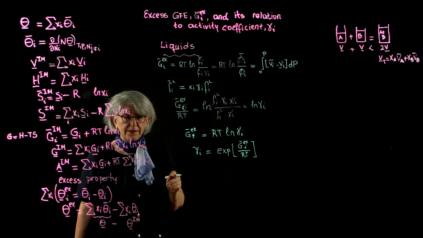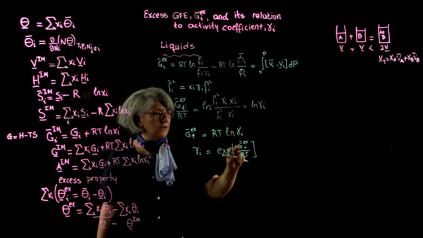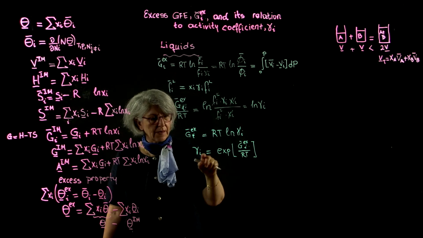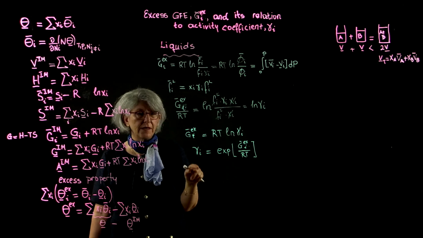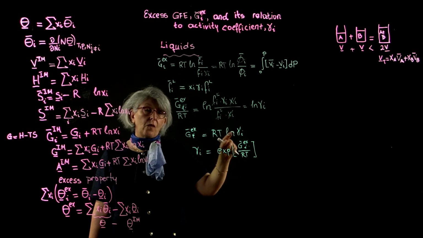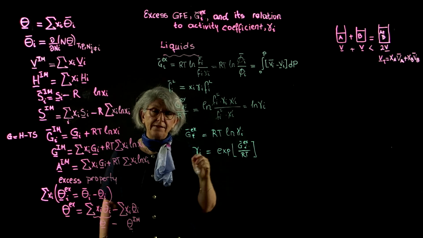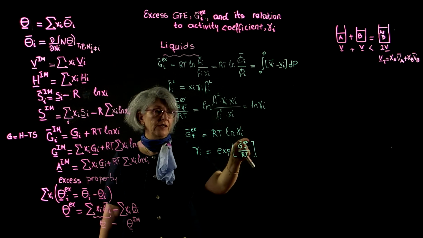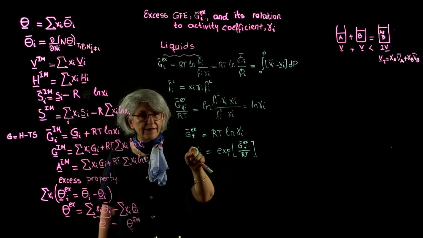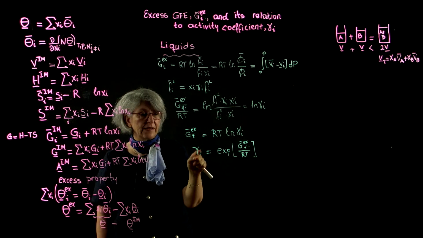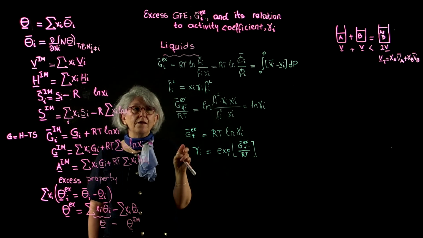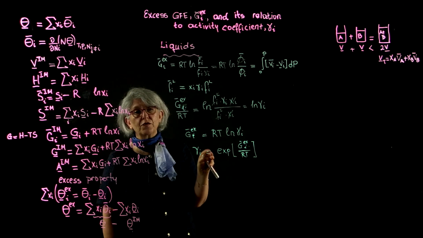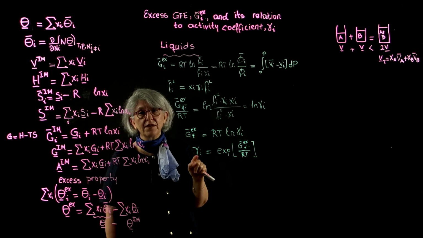Now, if we have a mathematical relationship for the excess Gibbs free energy, we can estimate gamma I, or if we have an empirical relationship for the excess Gibbs free energy, we can still estimate gamma I, or we can estimate the gamma I activity coefficient from the equations of state.